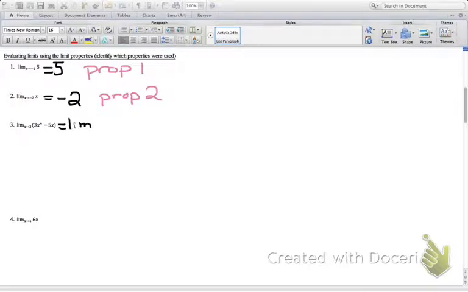As we take the limit of 3x to the power of 4 as x approaches 2 minus the limit of 5x as x approaches 2. This is our property 3.